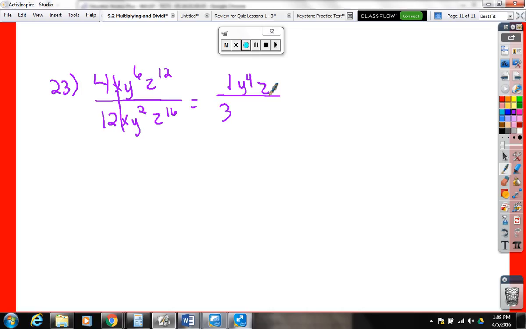So 12 minus 16 is negative 4. Okay, now rewrite that for me. What's left on top? And on the bottom, we have this stuff, the 3. Yes, we still need the 3. Okay, the rest you're going to do for homework.